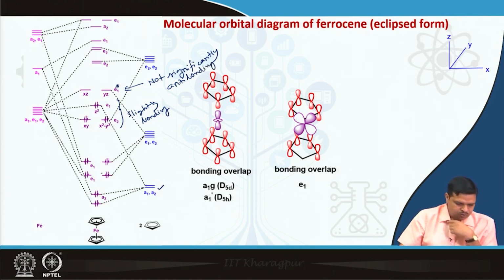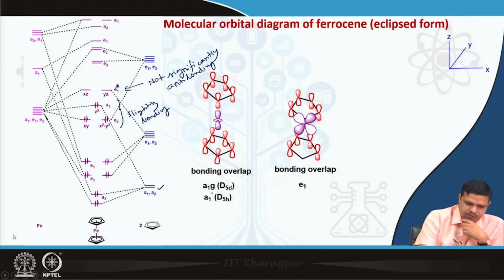Fine. So, for the metallocene compounds, we are actually interested in the orbitals you see.